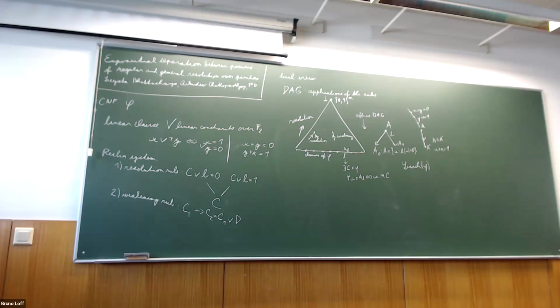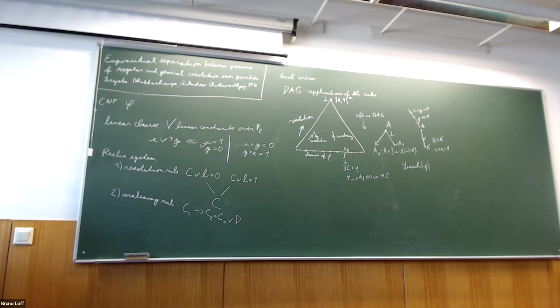For example, in linear resolution you can simulate something like a binary search, which you cannot do in standard resolution. I'm on very thin ice with these claims, but there are formulas that are hard for standard resolution but easy for linear resolution.